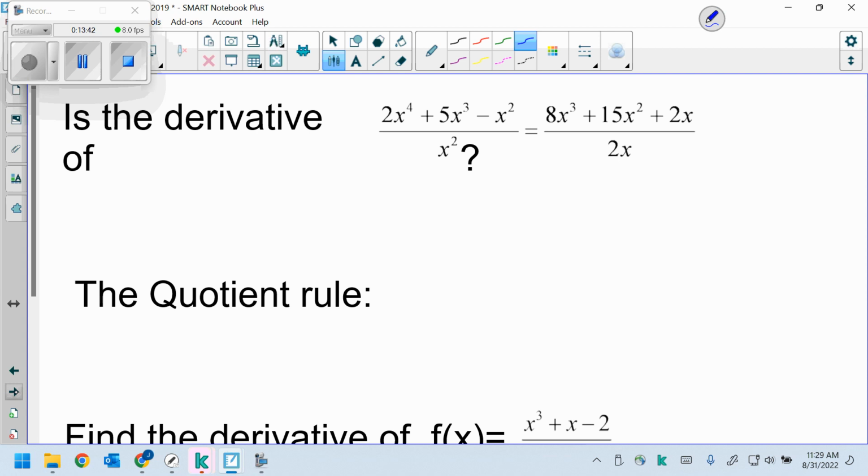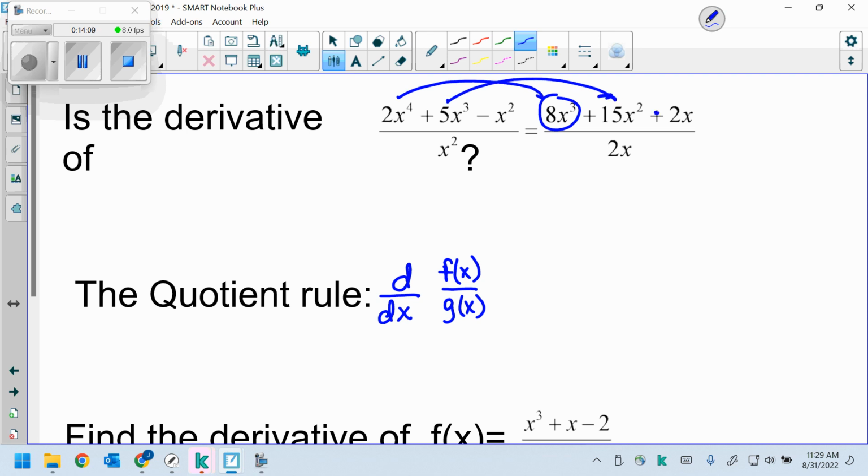The same thing is true if we have a quotient. If we want to find the derivative of f of x divided by g of x, you don't just take the derivatives of each of these individual terms.